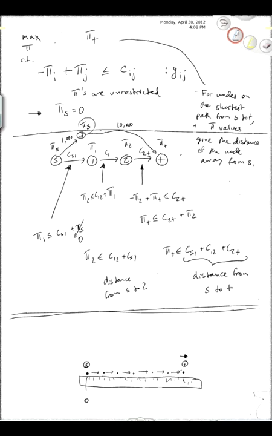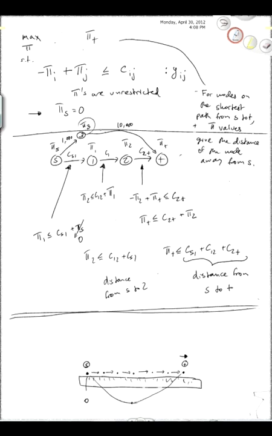And so you can see now how for those nodes that are on the shortest path, their pi values are going to be exactly the distance away from S, and pi t is going to be the distance that t is away from S. But if I had a few other nodes here that are not on the shortest path, they could potentially be kind of hanging loosely down here off of this taut graph. And so there is some leeway on what we can set their pi values to.